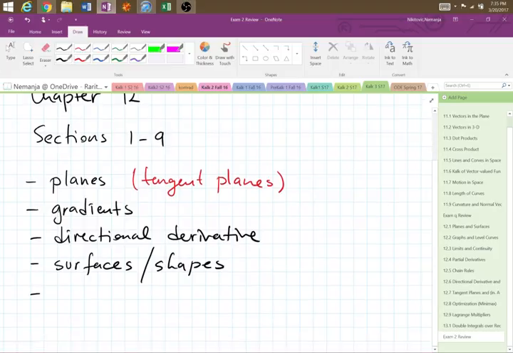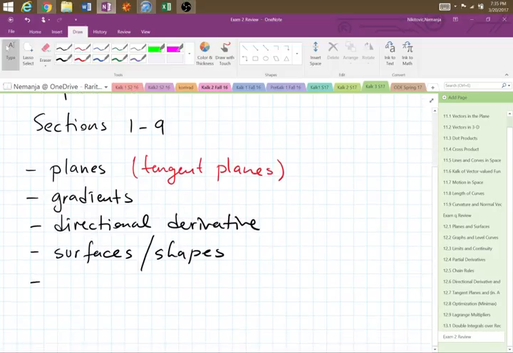What else is important? Oh yes, I forgot. Partial derivatives. That might be important. And then chain rule.